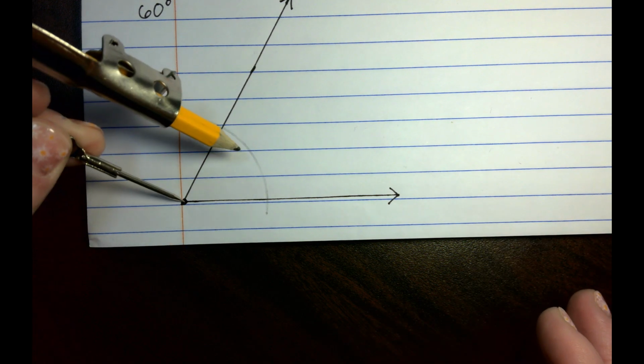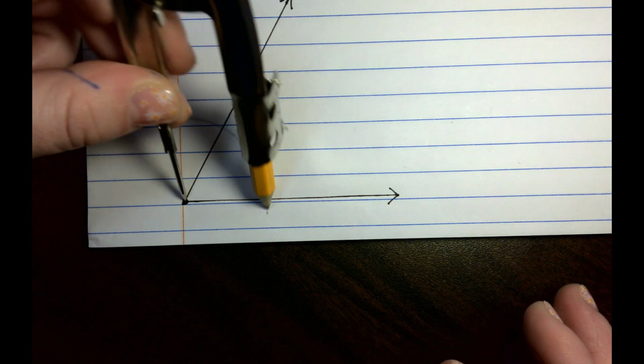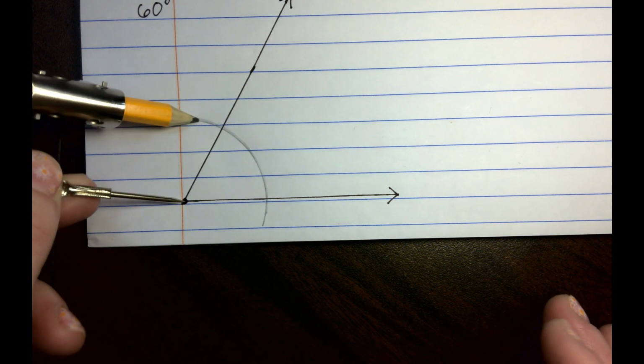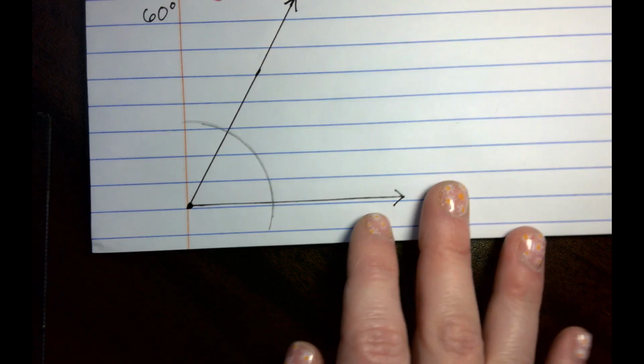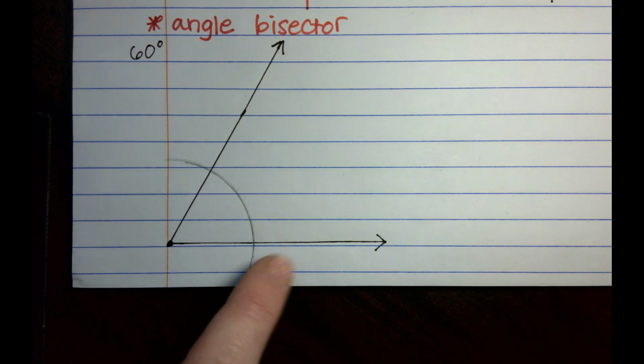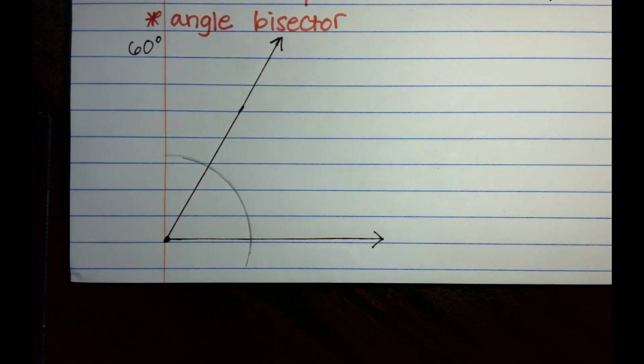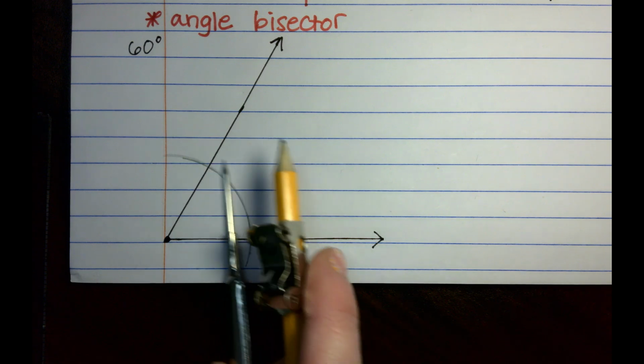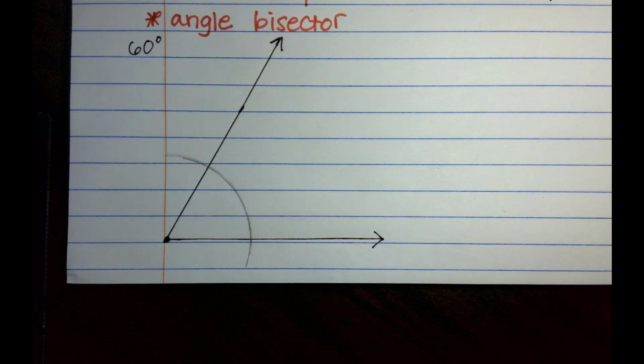Okay, so here is my first arc. It is passing through both of these. See that? So let's everybody get their first arc drawn. Everybody got it?